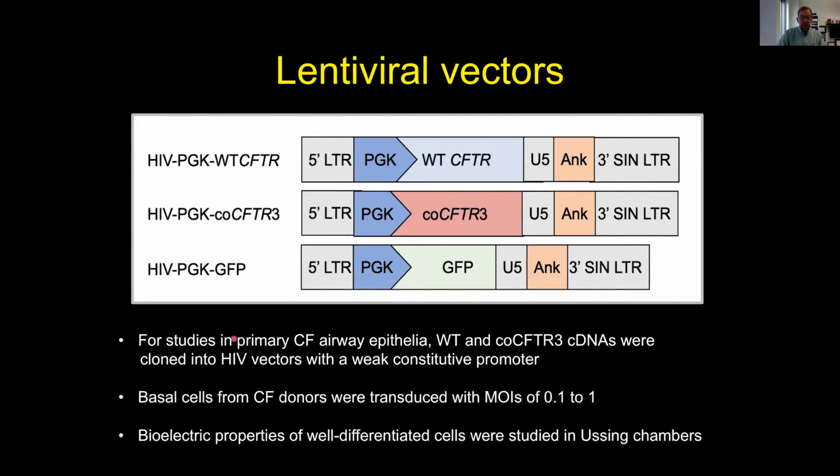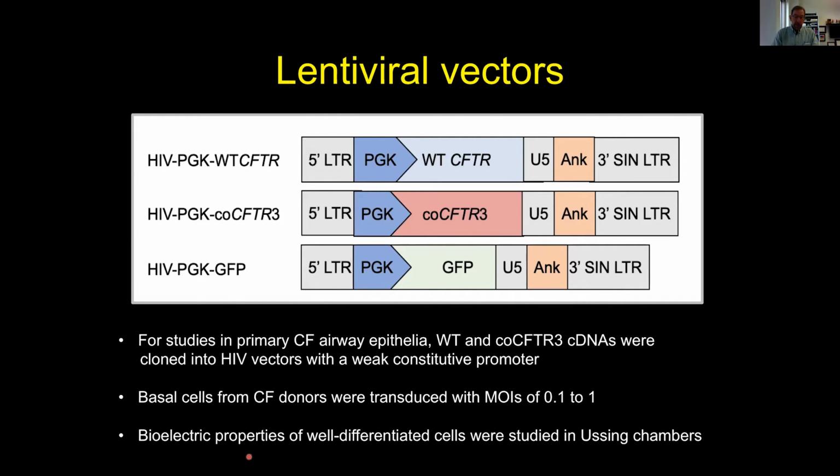So for additional studies in primary CF epithelia, the wild type and codon-optimized CFTR3 were cloned into HIV vectors with a weak constitutive promoter, as shown in the diagram here. And then basal cells from CF donors were transduced with MOIs of 0.1 to 1.